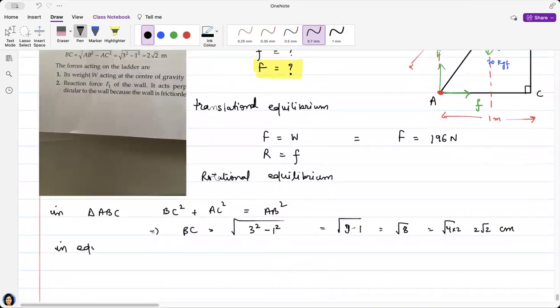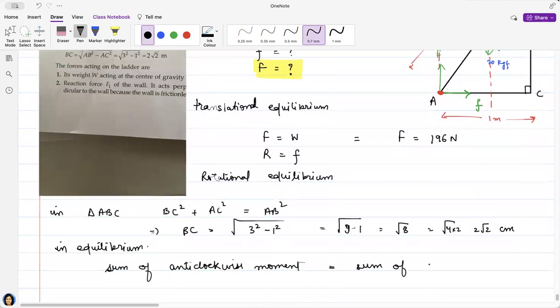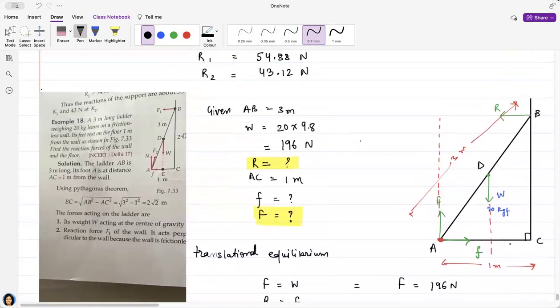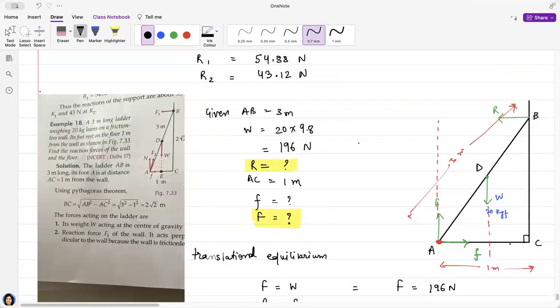So what do we mention here? In equilibrium, anti-clockwise moment is equal to the sum of clockwise moment. Anti-clockwise, I have R. So what is the perpendicular distance between A and R? This dotted line, which is equal to BC, which is 2 root 2.